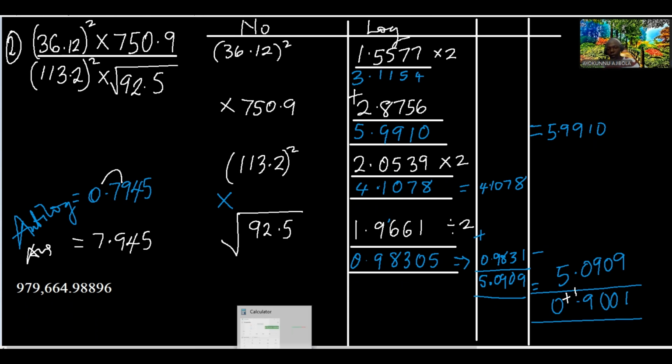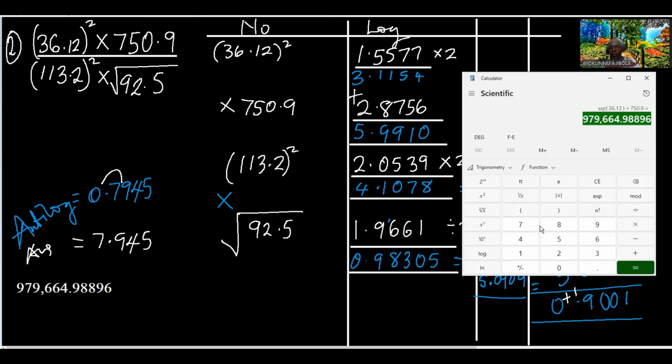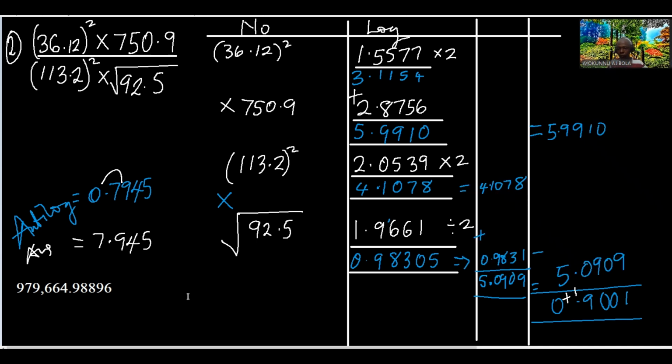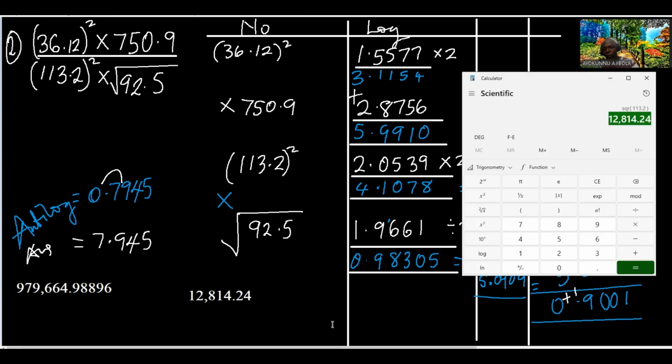Then the one under it, we have 113.2 all squared, right? 113.2 all squared gives me this large number, 12,000 plus. So I'm going to keep it somewhere here. Then I want to find the square root of this other one. 92.5 square root, then times 12,814.24.